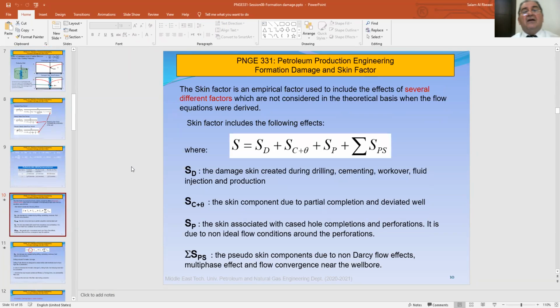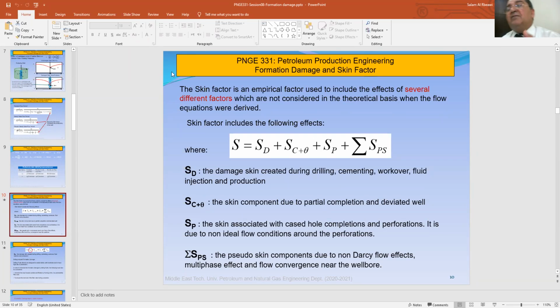Now we have an idea about the formation damage, the physical meaning of the formation damage, the physical meaning of skin factor, and the impact of the skin factor on the performance.